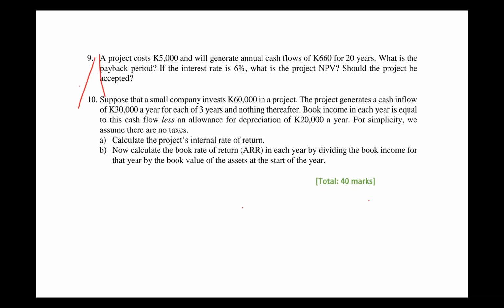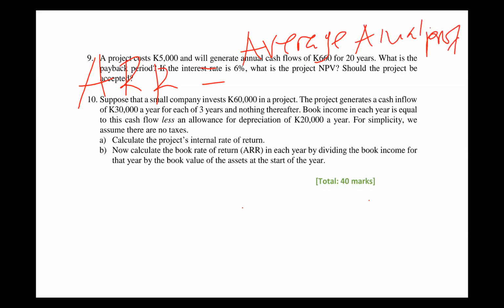So accounting rate of return, ARR, is found by saying the average annual profits. Now pay attention, I am teaching.